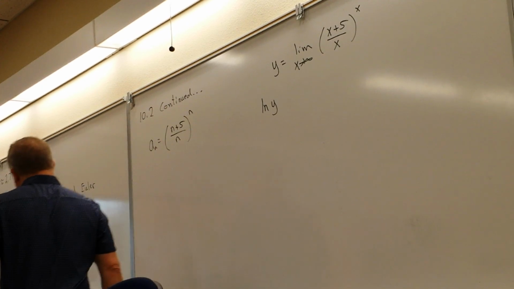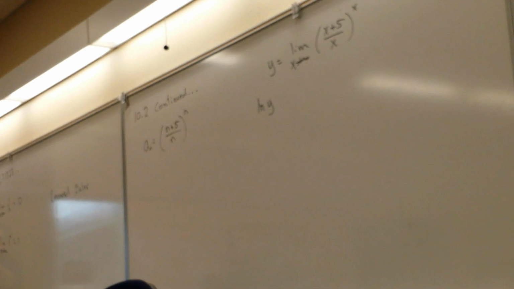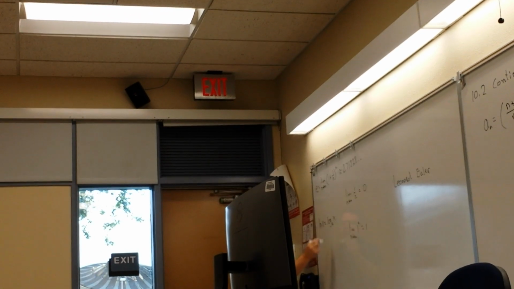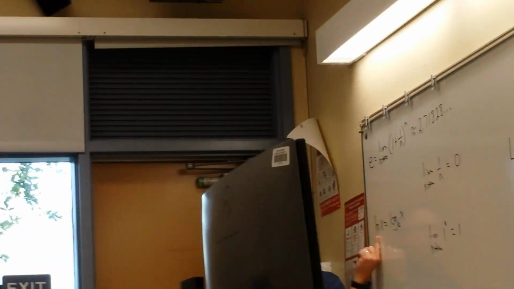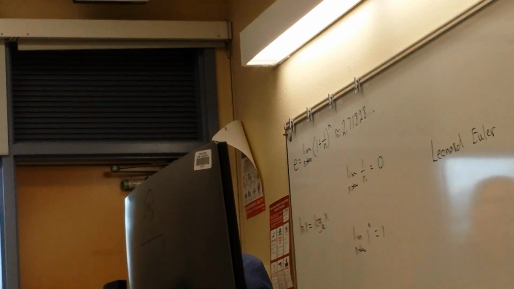Now remember, natural log is just log with base e. In science, this happens so often that it got its own notation. So it's just log with base e. That's all natural log is.